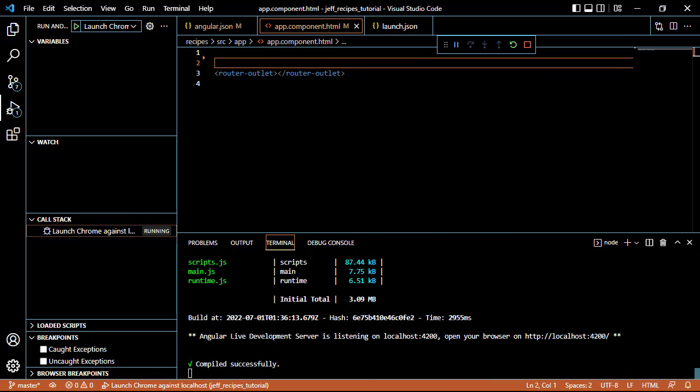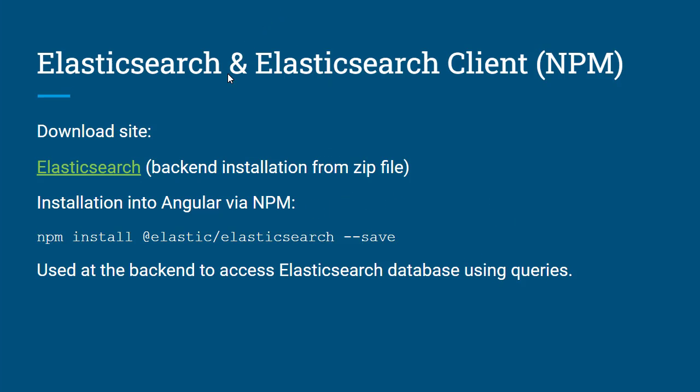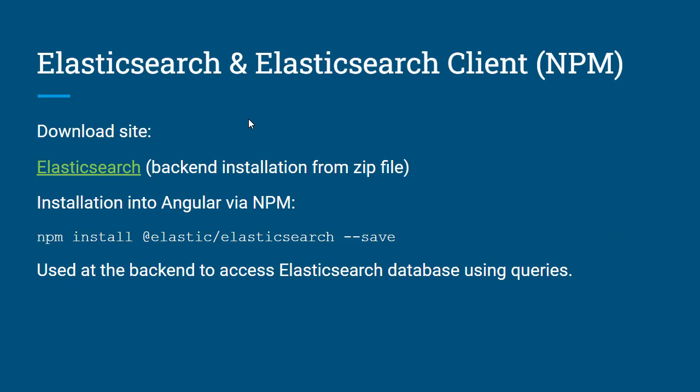So we're at the 20-minute mark, which is kind of my limit for each of these videos. The next step will be to install Elasticsearch. We're going to be installing the client as well so that we can access the database. And we're going to install Kibana. Now this is added with a new version.